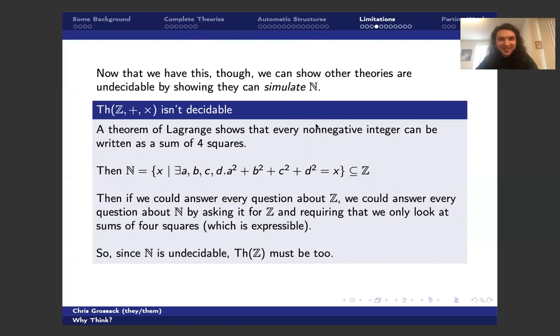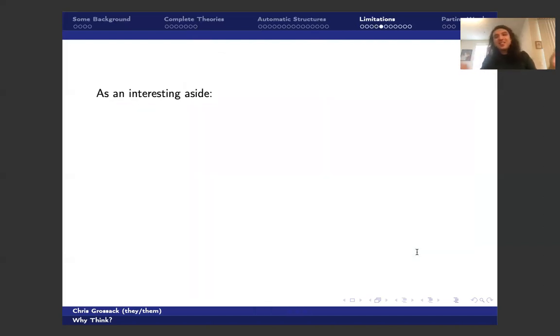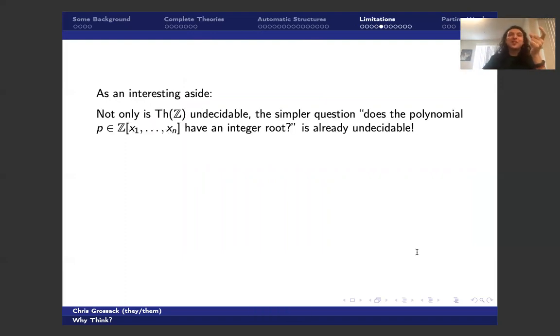As an interesting aside, this is not immediately related to decidability, but we're close enough to it, and it's such a cool result that I have to talk about it. Not only is the theory of the integers undecidable, but the simpler question, does the polynomial p have an integer root, is already undecidable.